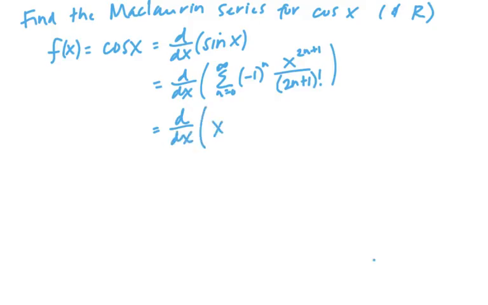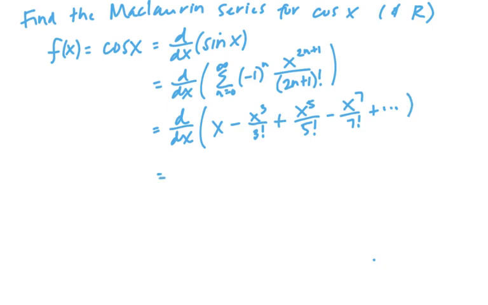So we had x minus x to the third over 3 factorial plus, they're the odd ones, x to the fifth over 5 factorial minus x to the 7th over 7 factorial, and so forth.